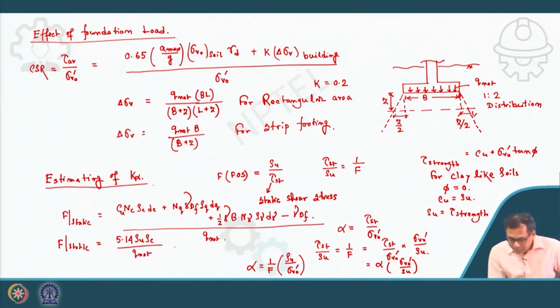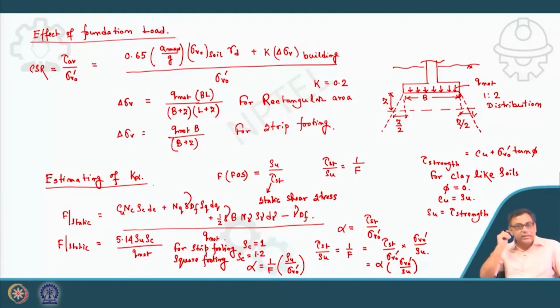Okay. Now for strip footing, my Sc, that means the shape factor, is 1, and for square footing, Sc is 1.2 and Dc is 1. Okay.